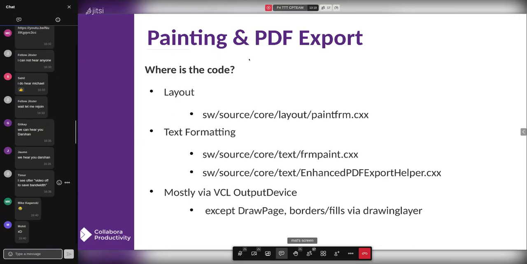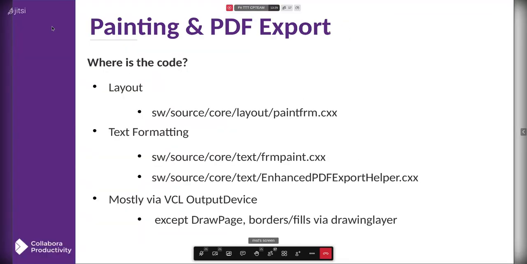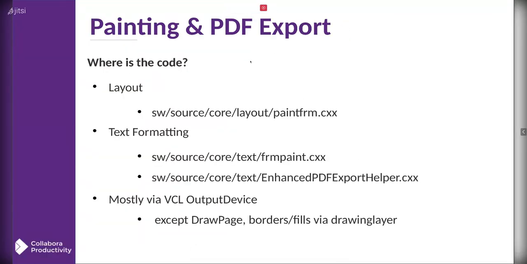Right, and then there is also the PDF export, and PDF export is basically painting the document with some extra steps. So for PDF export, the actual painting happens onto a VCL metafile, and then this metafile is converted to PDF.